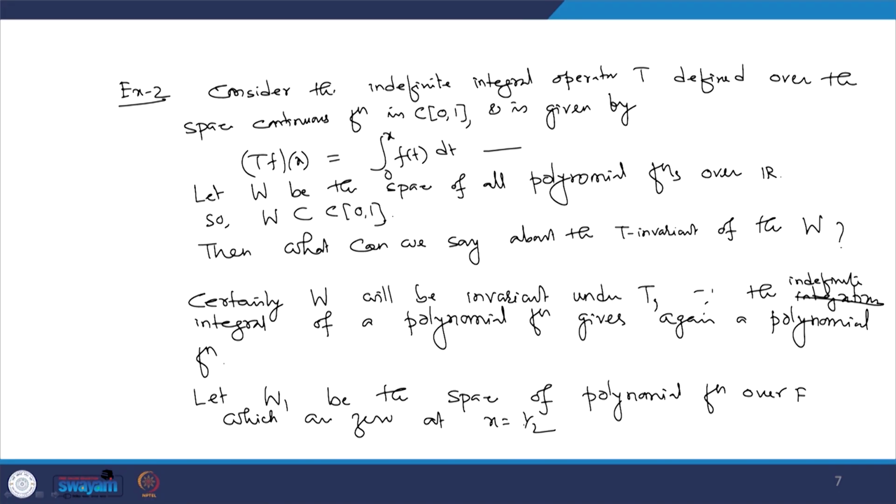I mean to say that x minus 1 by 2 is a factor of each polynomial function. Then do you think that W1 will be invariant under T? Then what can we say about the T invariance of W1? The answer is no.